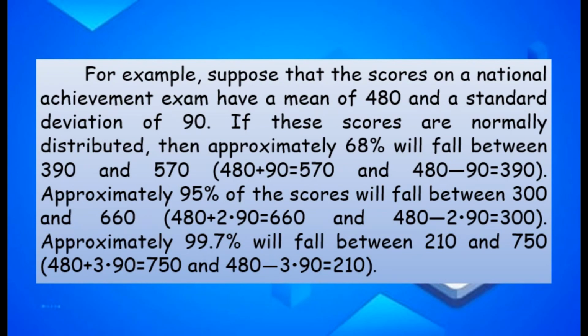And approximately 95% of the scores will fall between 300 and 660, since 480 plus 2 times 90 is equal to 660, and 480 minus 2 times 90 is equal to 300. Approximately 99.7% will fall between 210 and 750, as 480 plus 3 multiplied by 90 is equal to 750, and 480 minus 3 times 90 is equal to 210.